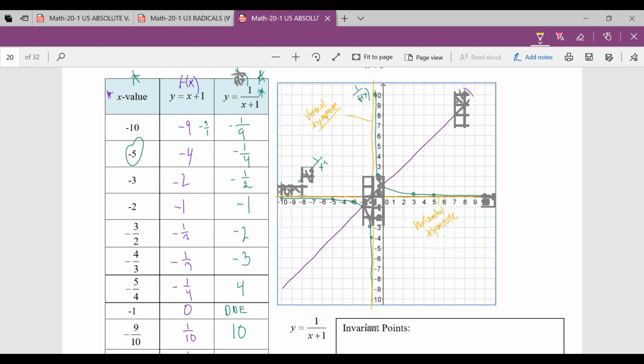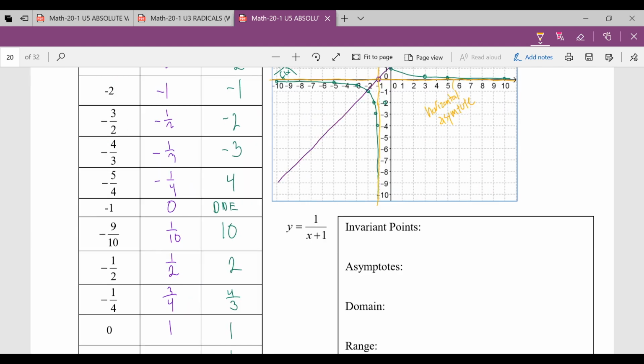Let's see what happens at x equals -1. And you can see that when x equals -1, there is no corresponding y value in the reciprocal function. Okay, that's a unique feature of reciprocal functions. No corresponding y value at certain x values.